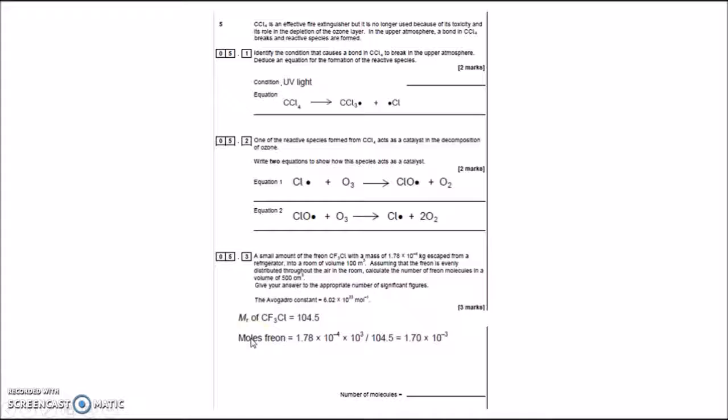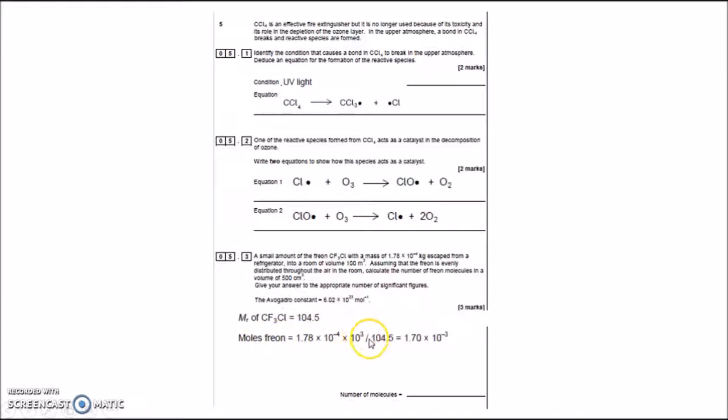So moles equals the number of grams divided by the MR. Moles is mass divided by MR. So I've put the mass into grams by taking the kilograms and multiplying by 1,000. That's now the mass in grams.